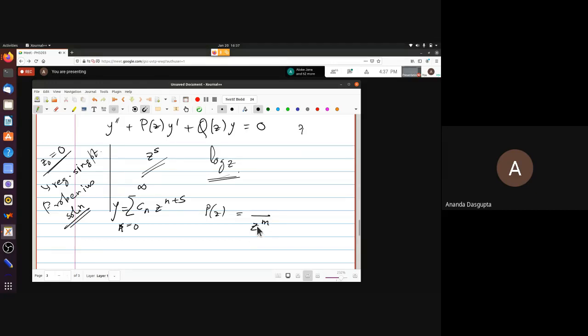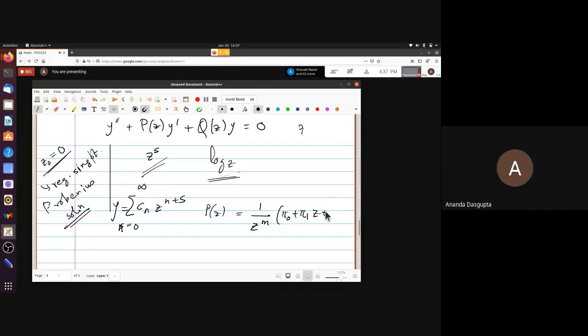So I'm going beyond the regular singular point here, or at least I'm assuming that we can do a Frobenius kind of solution even if the pole is some other order. So P of z will be something like 1 by z to the m into some analytic function, right? That's what a pole means. Is everybody okay with that?